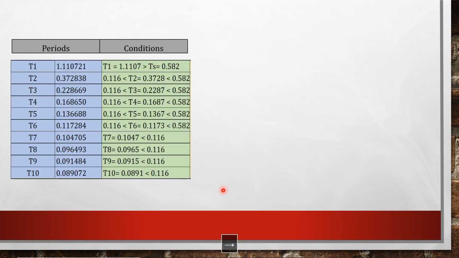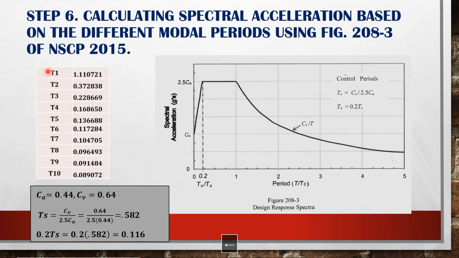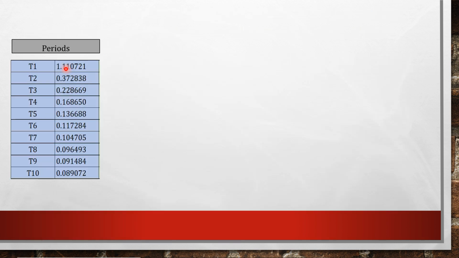So, period natin, no? Ayan. Ito yung period natin, no? Yung periods. T1 is equal to 1.110721. So, T2, 0.3728838. So, T3, 0.2286869.